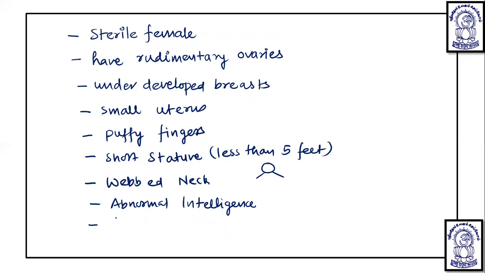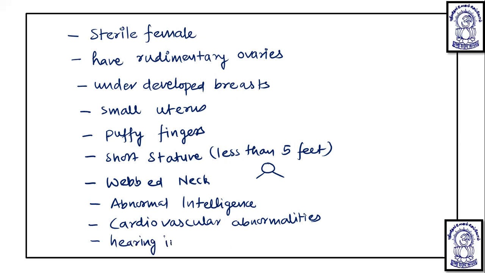They have cardiovascular abnormalities. Then they are having a hearing impairment. They may not menstruate or ovulate.